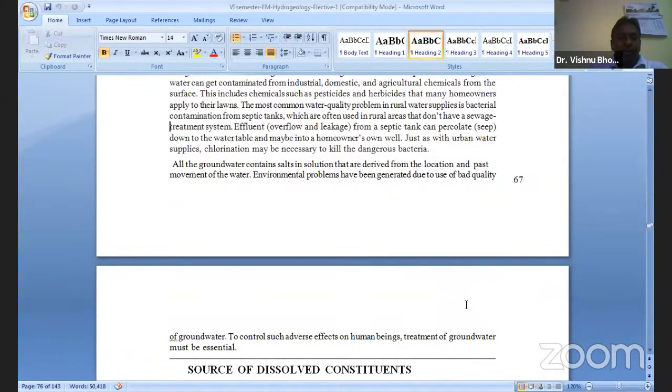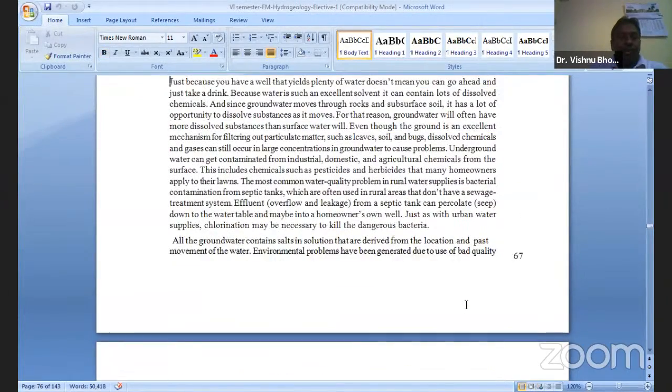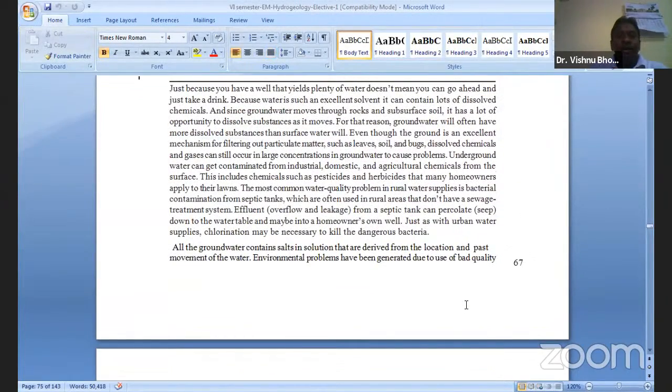We know that water is a very important component and plays a very important role in our daily life, whether we use it for drinking, agriculture, or industrial purposes. Water is an excellent solvent and contains lots of dissolved chemical compositions and chemicals.